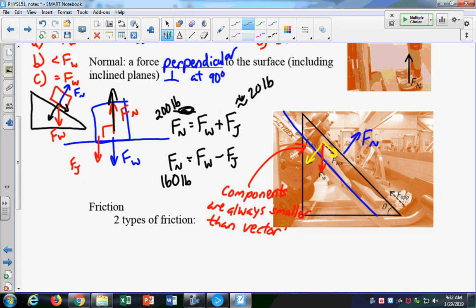The normal force. So the normal force and FWY, that's what I'm going to call it, FN and FWY, that's this Y component of the force weight, are an action-reaction pair.